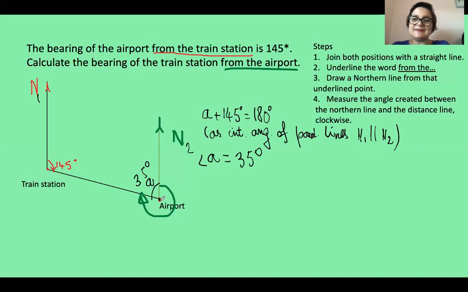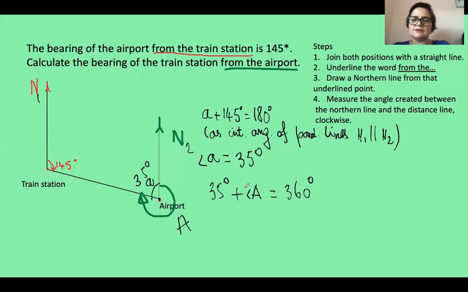Now, how much would be the green angle, the angle that I have labeled in green? So we know that angles around a point add up to 360 degrees. So it's going to be 35 degrees plus, I'm going to label the green angle as A capital, okay? Plus angle A capital equals 360 degrees.